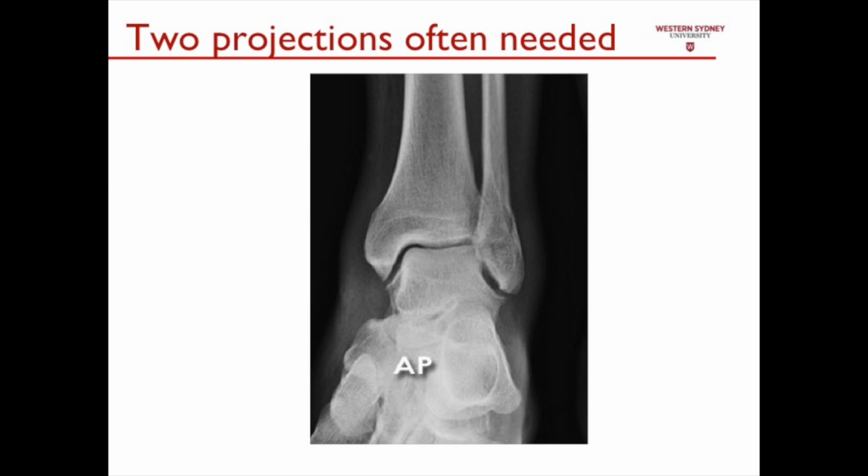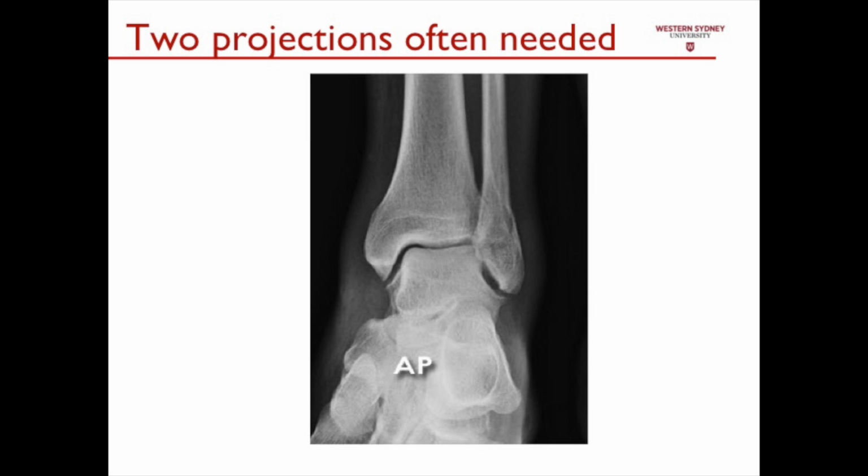To illustrate the point that I've just made, we can see why 2 views would be necessary. So here we can see an AP view of the ankle. Whilst X-rays can give a great deal of detail of the bones, we've got to remember that we are getting a 2D representation, and we need to look at the 3D structure.